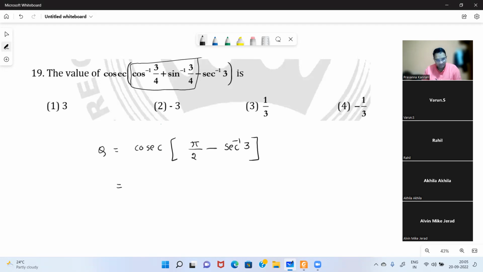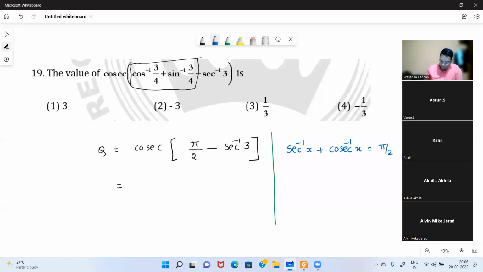Any idea? What do you think is cosecant inverse x plus secant inverse x? Pi by 2. Similar to sin inverse x plus cos inverse x or tan inverse x plus cot inverse x.